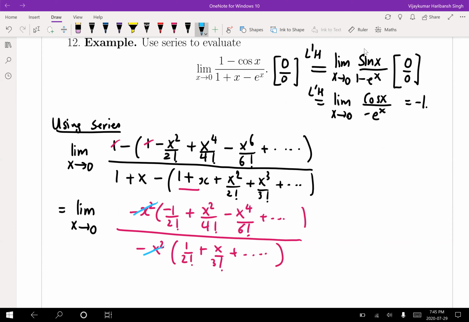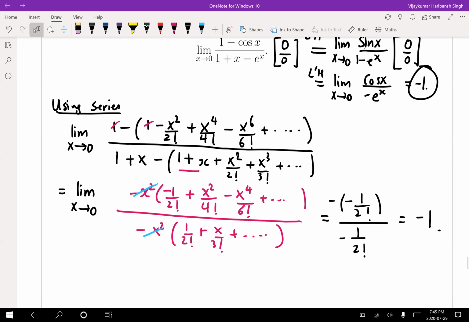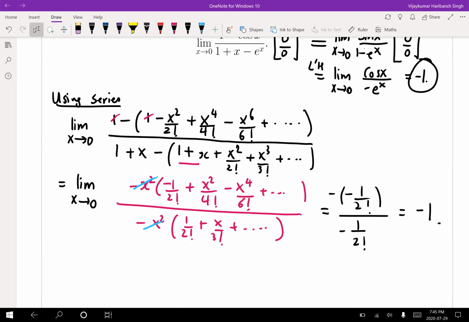And now when you let x go to 0, everything will become 0 except for 1 by 2 factorial on top with a minus sign divided by 1 by 2 factorial with a minus sign. So these will cancel out to give you minus 1, which is what we got here. So this is how we can use series to evaluate it.